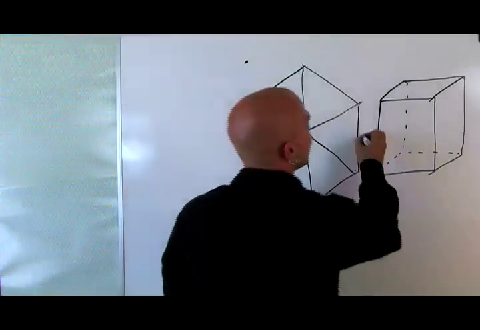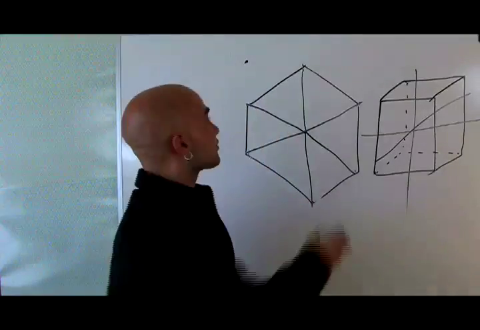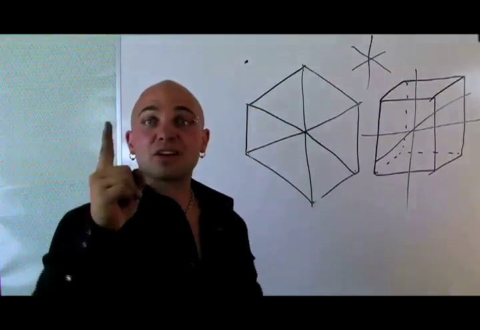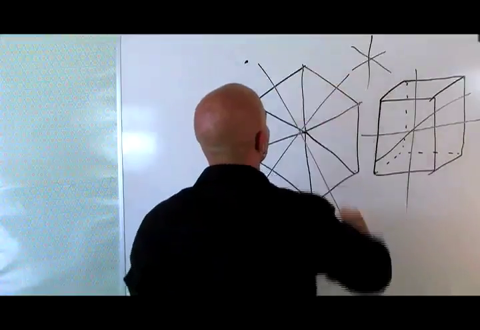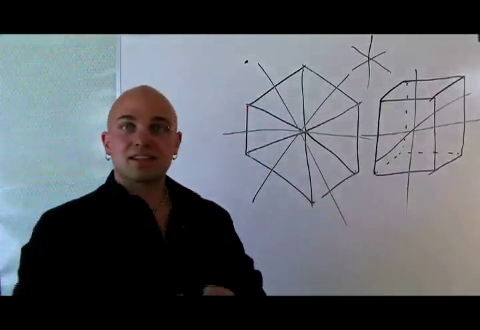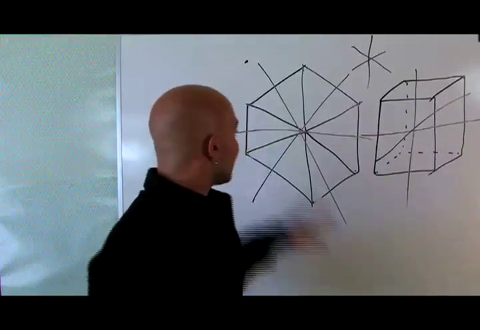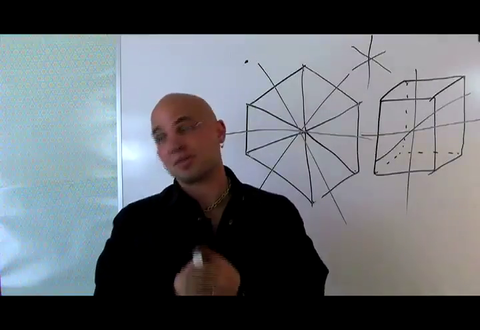There are 3 lines of travel through a cube. In other words, your XYZ coordinates, which are required to identify one single point in space. Now, a hexagon also has 1, 2, 3 lines of travel, which you can use to identify one single point in space. These 2 are the exact same shape. One is 3-dimensional, the other one's 2-dimensional.